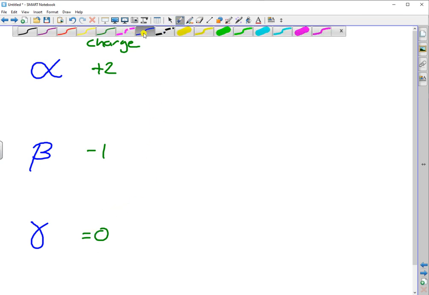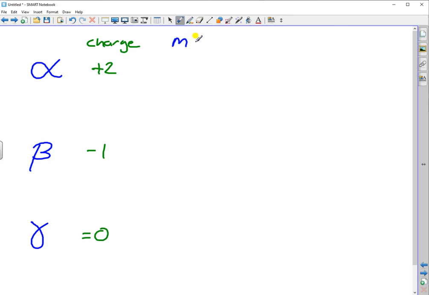So let's think about the mass then. Well, the mass of the alpha is enormous because it's 4 nucleons. It's 2 protons and 2 neutrons. So its relative atomic mass is 4. Okay. Now compared to the alpha particle, an electron is literally 1/2000th the mass of a proton or a neutron.